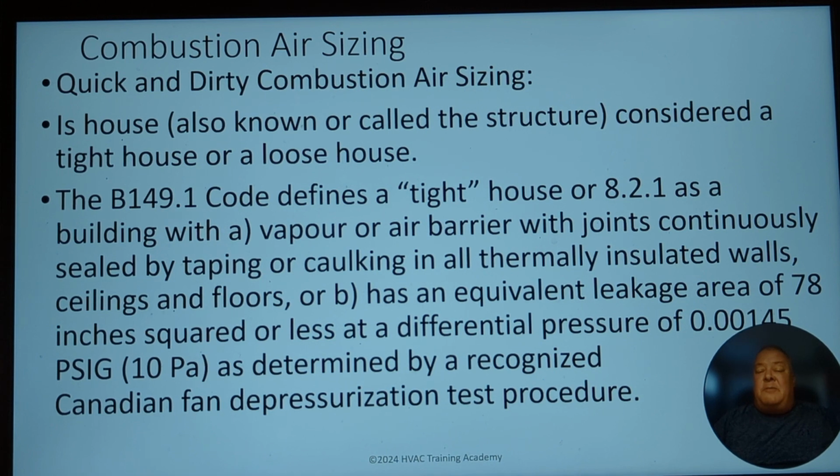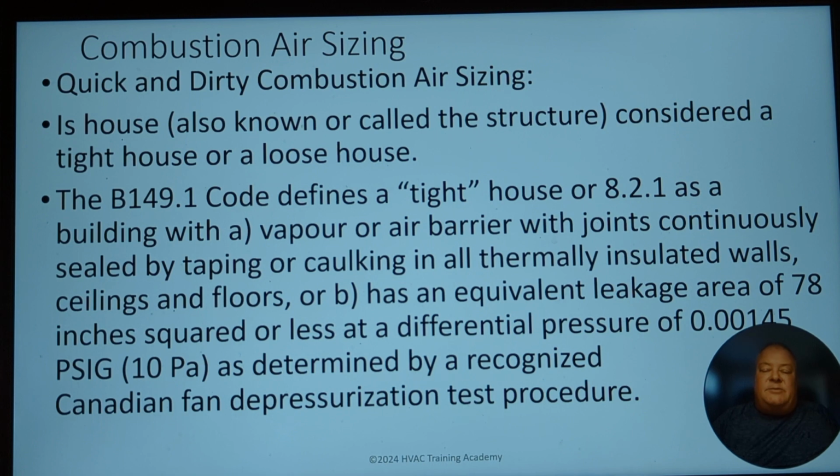The B149.1 code defines a tight house, clause 8.2.1, as a building with A, vapor or air barrier with joints continuously sealed by taping or caulking and all thermally insulated walls, ceilings, and floors, where B has an equivalent leakage area of 78 inches squared or less at a differential pressure of 0.00145 psi, 10 pascals, as determined by a recognized Canadian fan depressurization test procedure.